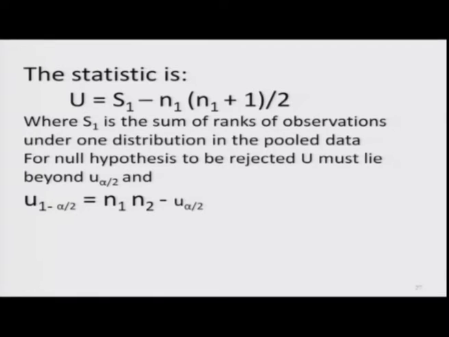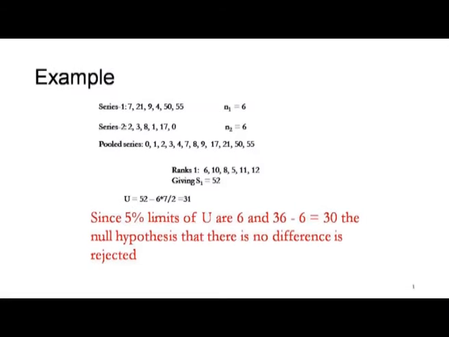Actually, what it means is that if your observed value of U lies between this and this, then the two distributions are mixed, and therefore you cannot say that one is different from the other, they are the same. The null hypothesis is that they are the same, they are not different.